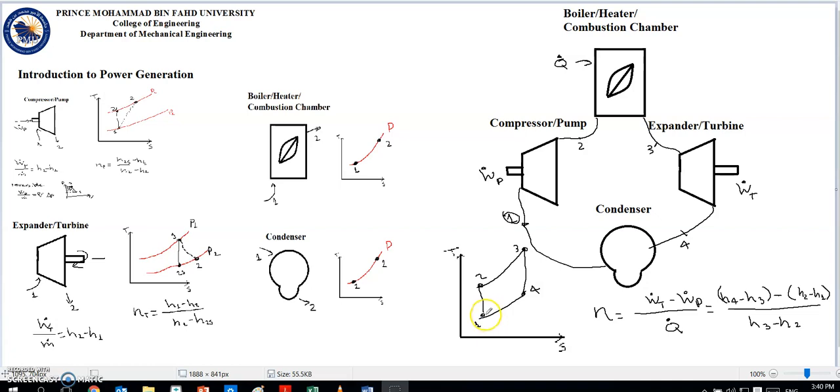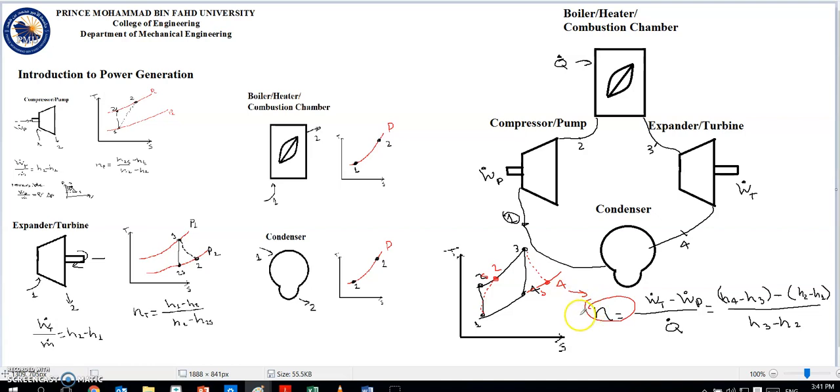Obviously, if we take irreversibilities into account and we change the compression process from 1 to 2S to 1 to 2, and the expansion process from 3 to 4S to 3 to 4, then this efficiency will change.